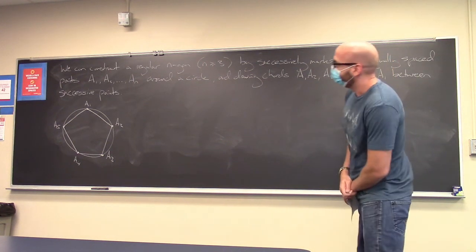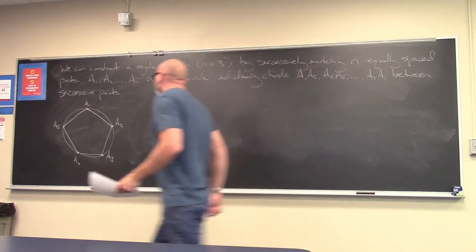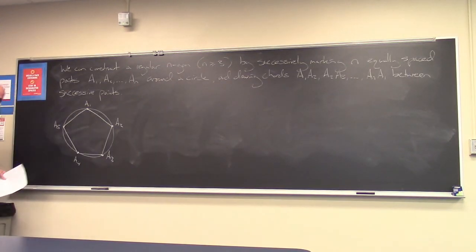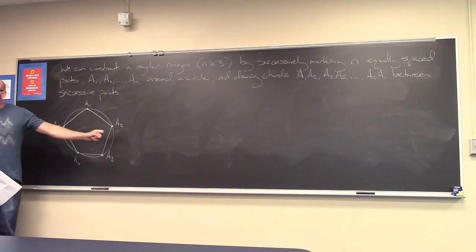So, does it look particularly regular? My A4 is a little bit off. If I had pulled this a little bit further left, it would have looked better. But anyway, my claim is that all these chords are the same length, right? I want to verify that this is actually regular. So I need to show all the sides are the same length, and all of these interior angles are the same as well.